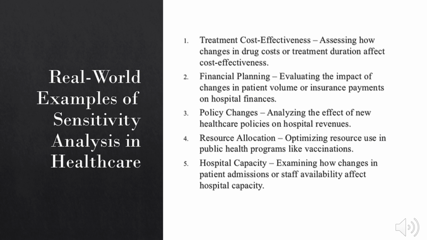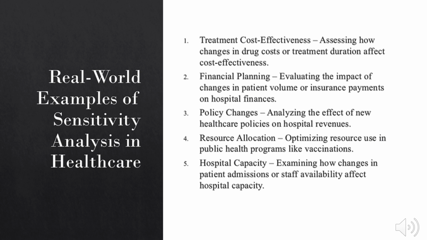The following are real-world examples of sensitivity analysis in healthcare. Number 1, treatment cost effectiveness, which means assessing how changes in drug cost or treatment duration affect cost effectiveness. Number 2, financial planning. Evaluate the impact of changes in patient volume or insurance payment on hospital finances.